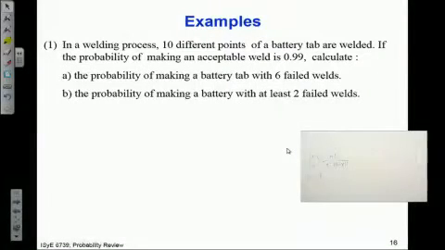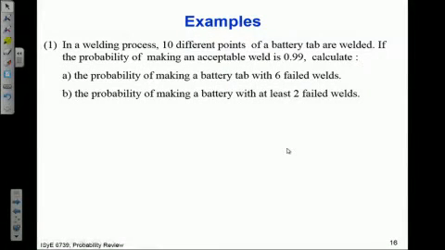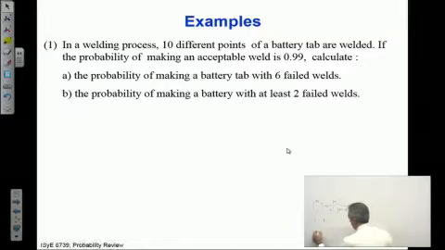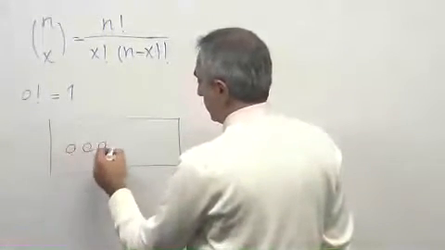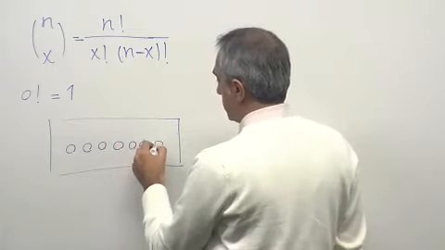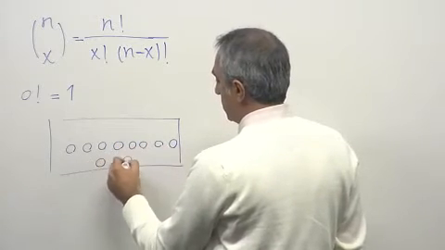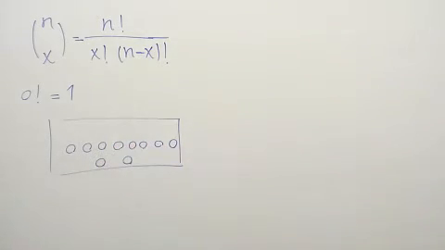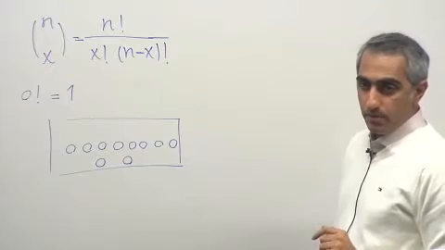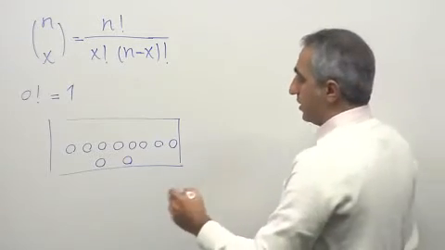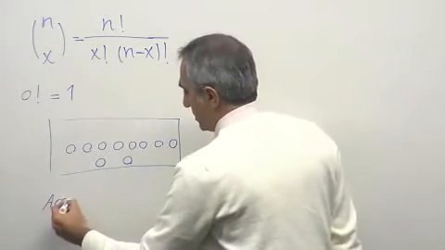We have one example here. It says in a welding process, 10 different points of a battery tab are welded. So we have a battery tab, and there are 10 points. And each of those weld points is acceptable with probability of 99%.